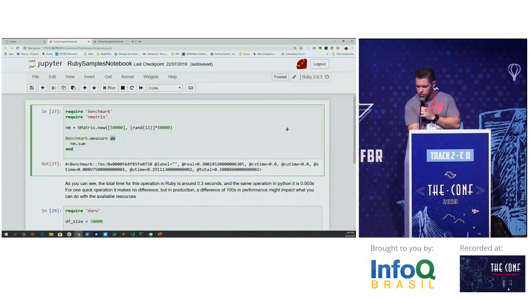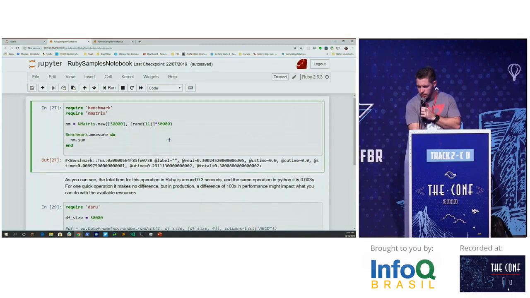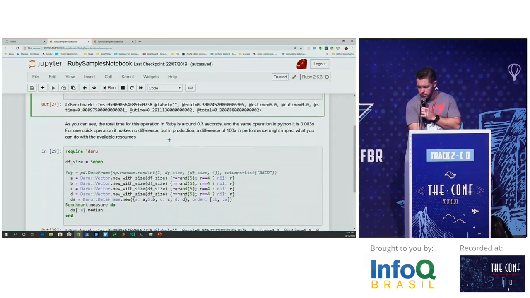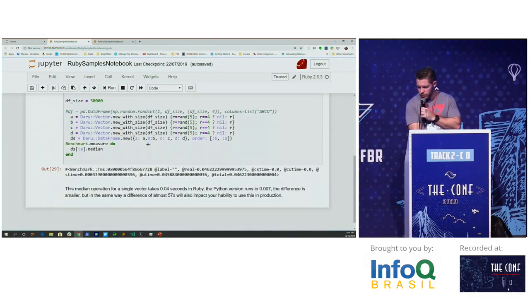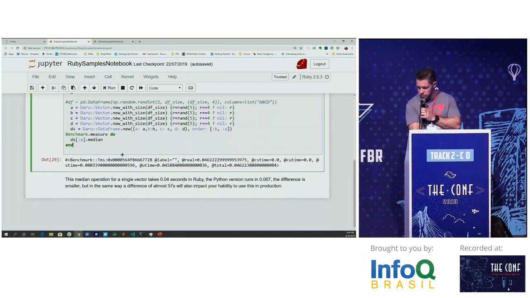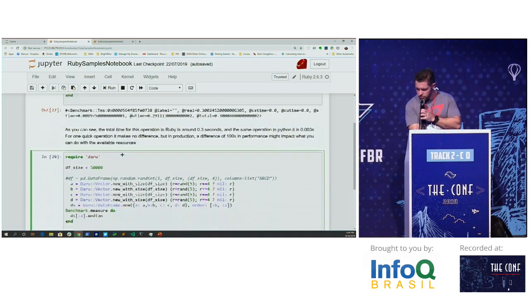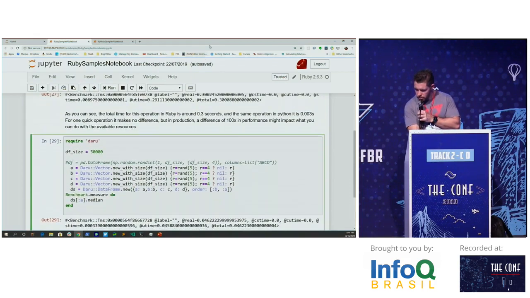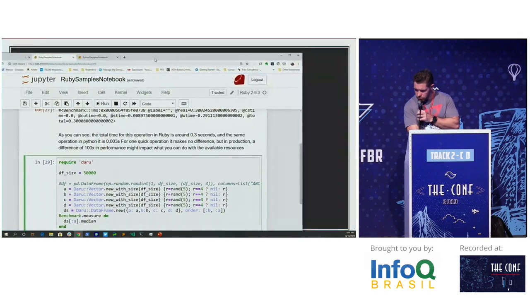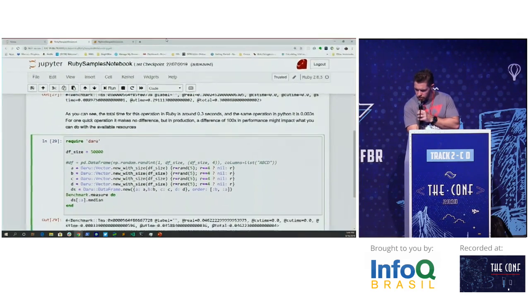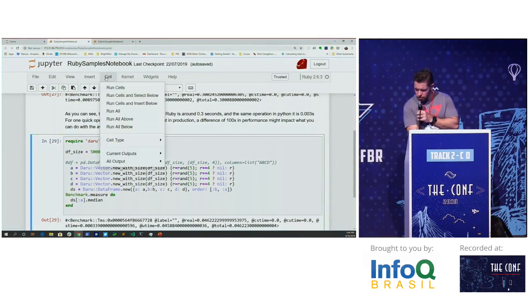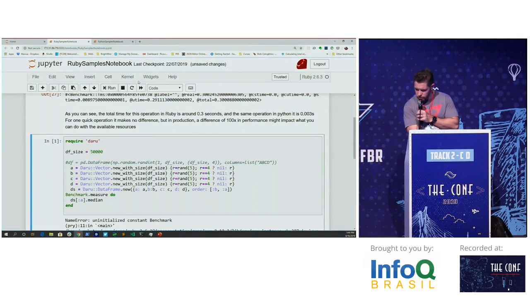This is a Jupyter Notebook that's running Ruby code. And besides data science here, it can do lots of Ruby training, documentation, but it's not really good to do this.